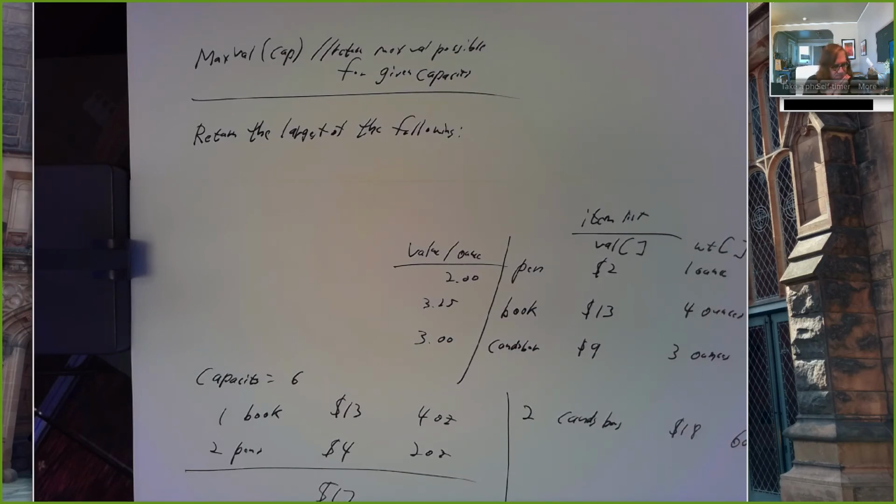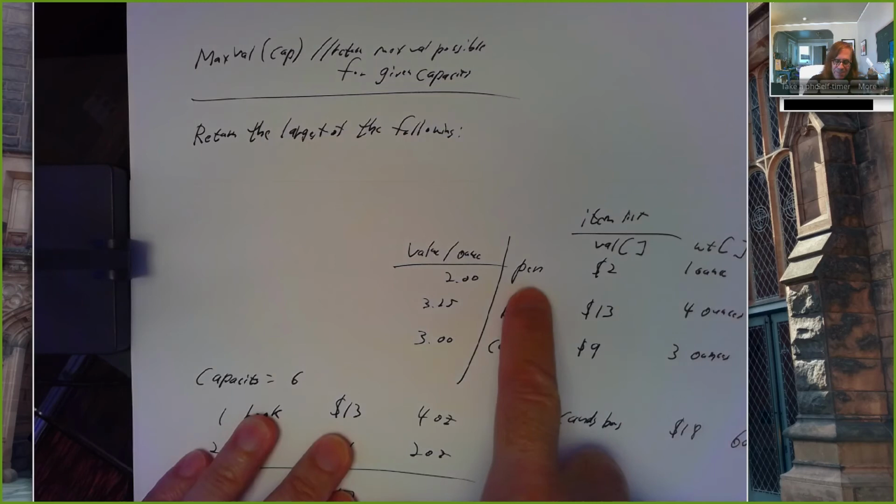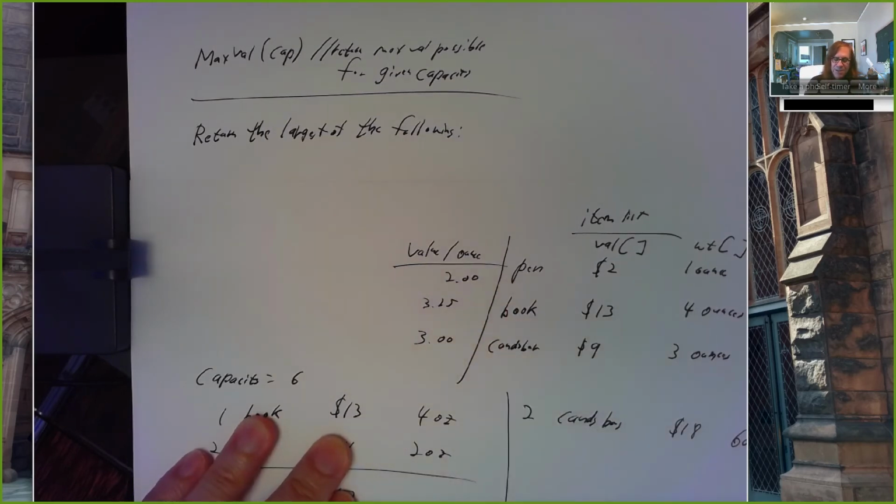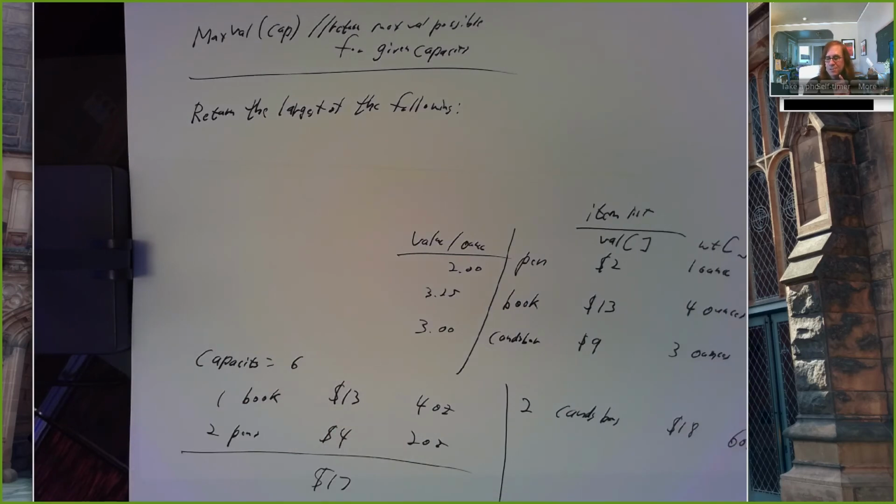Agreed? Because if we're going to have anything in our bag, there's got to be a first item we're going to put in. Now, I don't know if it's going to be a pen or a book or a candy bar. But it's going to be one of those. So let's just see what happens in each of those 3 cases.